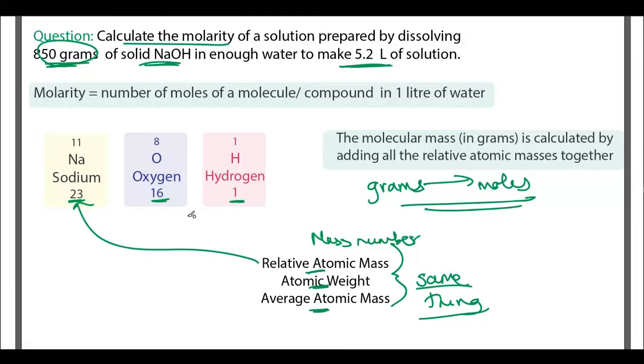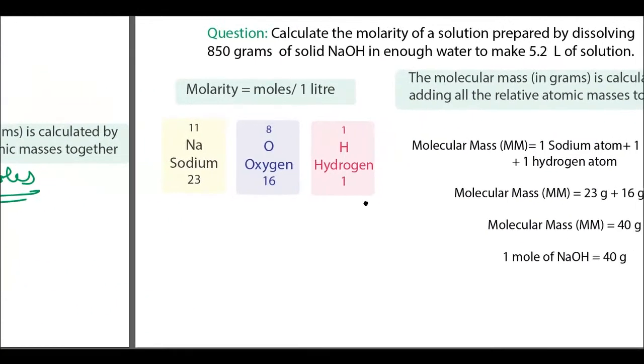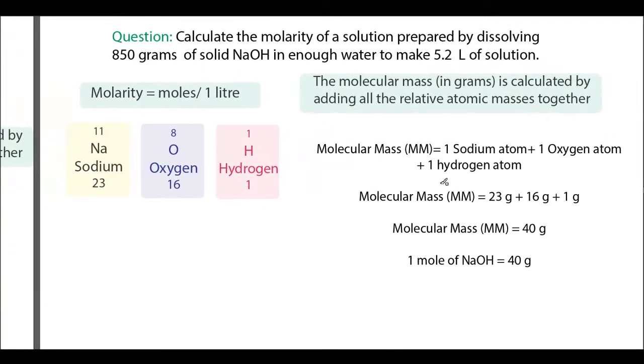Now the molecular mass in grams is calculated by adding all the relative atomic masses together. Let me show you what I mean. Here we have sodium hydroxide.